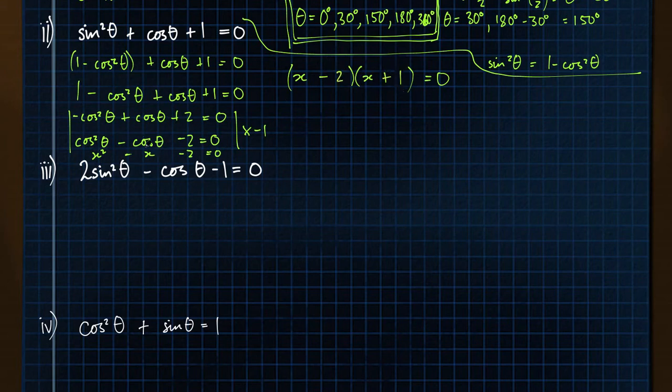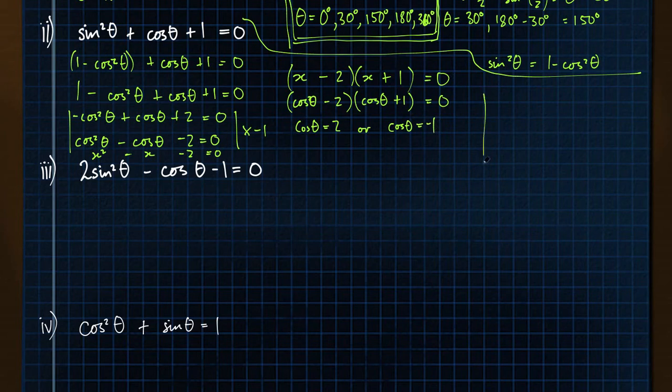We need to end up with a minus x in the middle, so minus 2x plus 1x. So in terms of cos theta then, cos theta is our x in this case. That's cos theta minus 2, cos theta plus 1. That tells us that either cos theta equals 2 or cos theta equals -1.